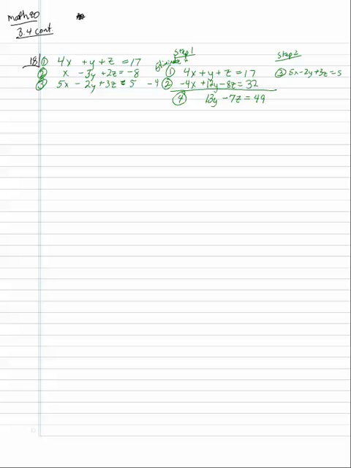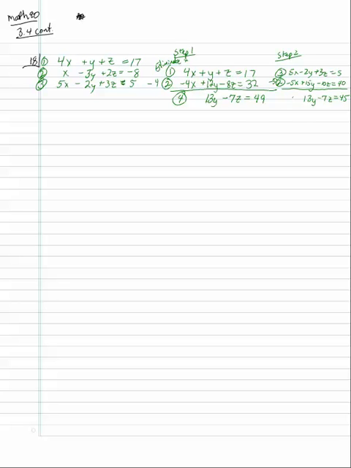And equation 2, I'm going to times it by -5, which will give me -5x, positive 15y, positive 10z, no, negative 10z equals positive 40. That will get me 13y minus 7z equals 45.